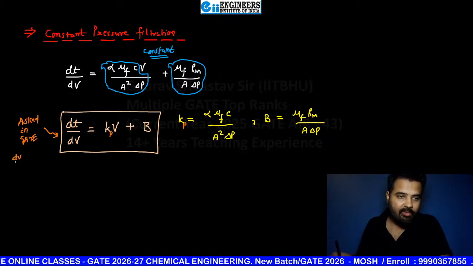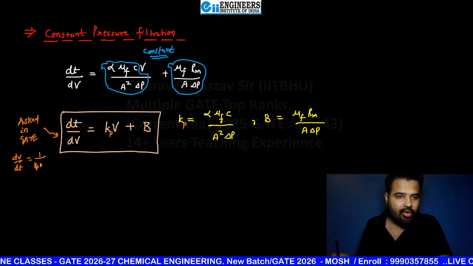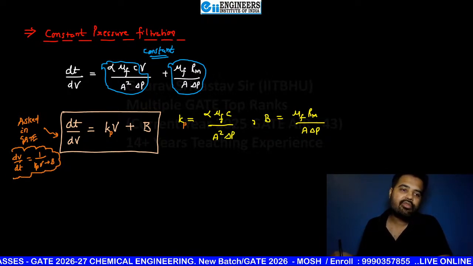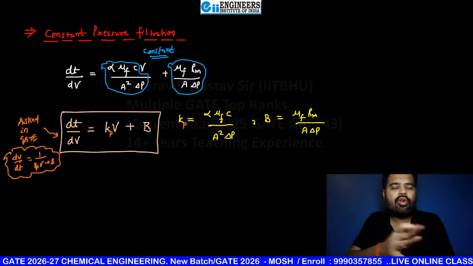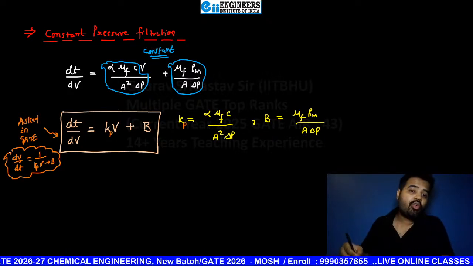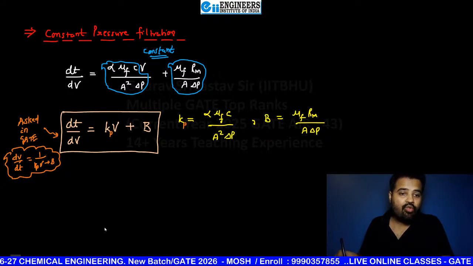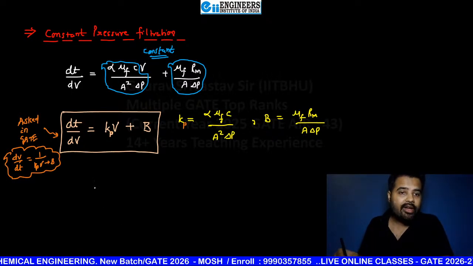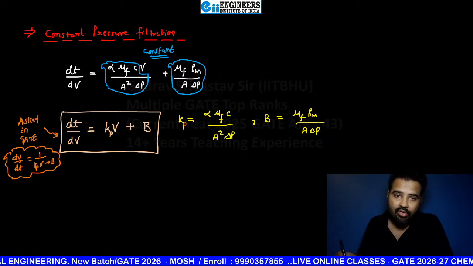Like this: dv by dt is equals to 1 upon Kv plus b. In this manner it was asked in GATE, which one of the following equations is correct about dv by dt. So just take the reciprocal on both sides. Okay beta, so this question was already asked in your GATE examination.